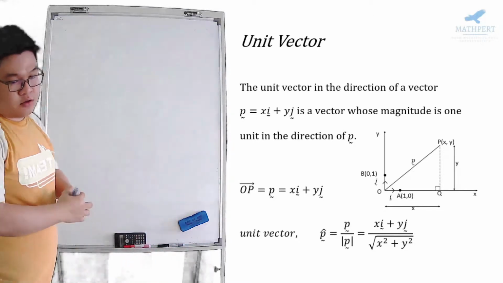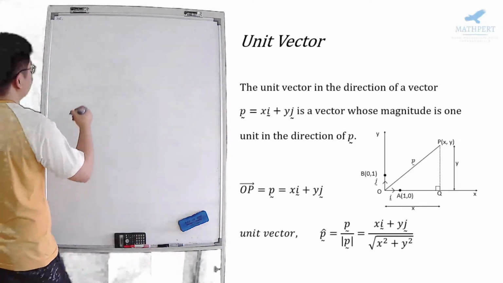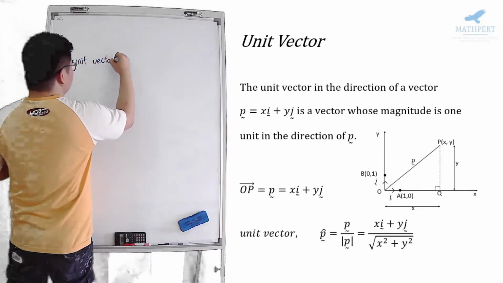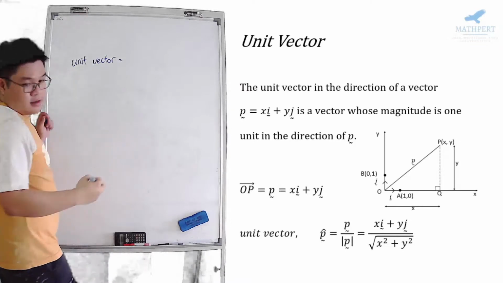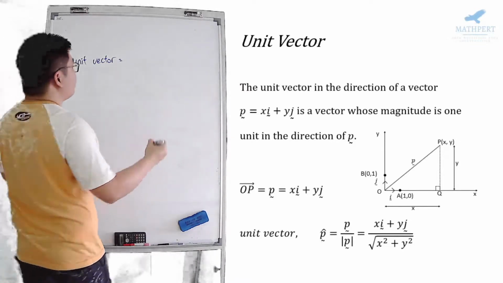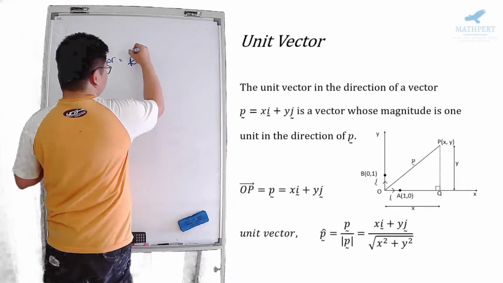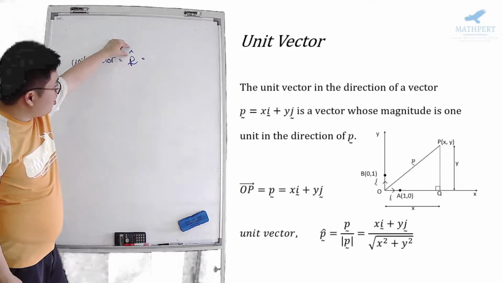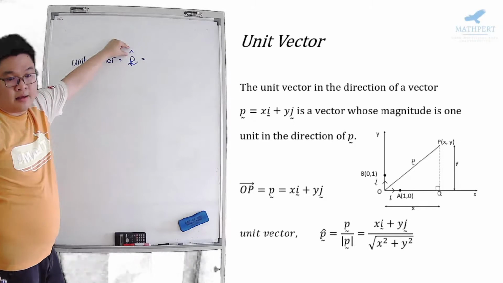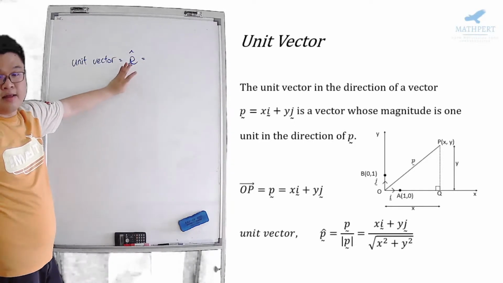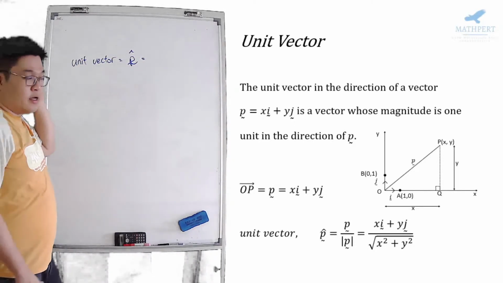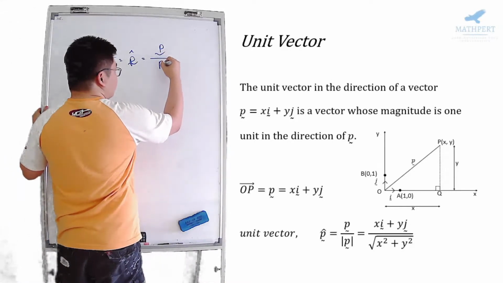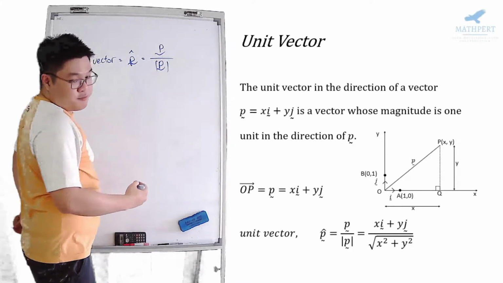So in short, the unit vector, in this case they are using p, so let's use p, p with a small arrow on top, represents the unit vector. So the unit vector is equal to the vector p over the magnitude of p.